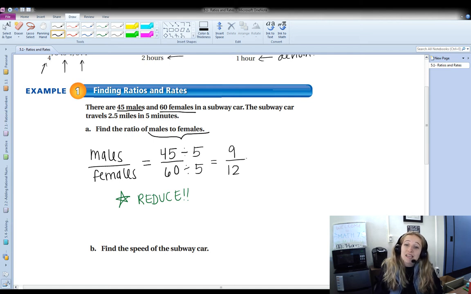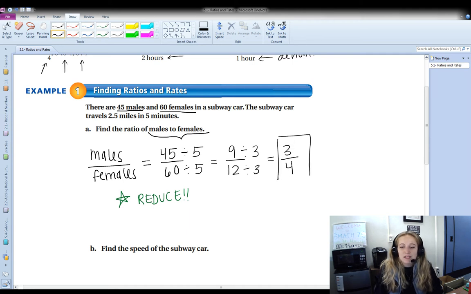Then I want to look at this again. Can I reduce it even further? Well, I know that 9 and 12 can both be divided by 3. So I'm going to reduce it by 3, and it's going to be 3 over 4. You could have done that in one step if you wanted to. I don't mind reducing using 2 steps because sometimes it works better for our brains. So do whatever way works best for you.